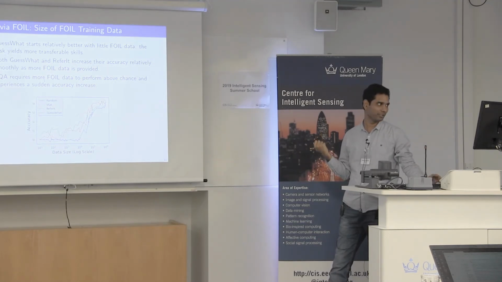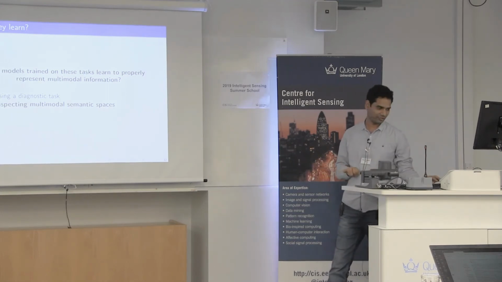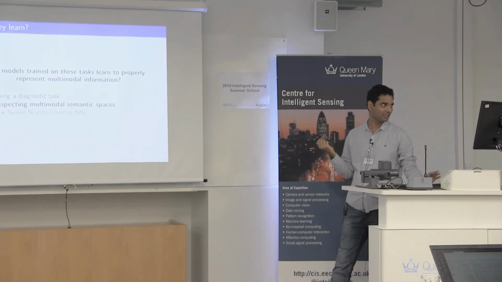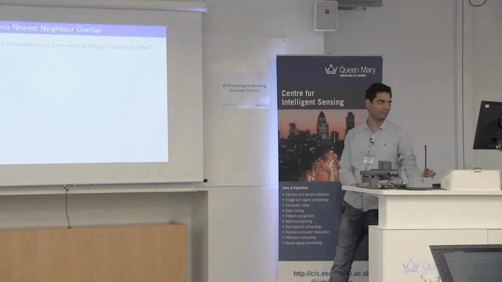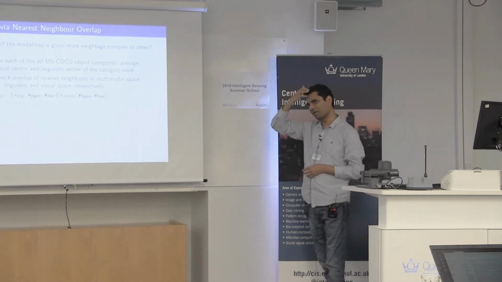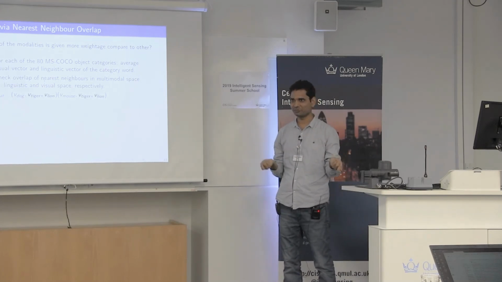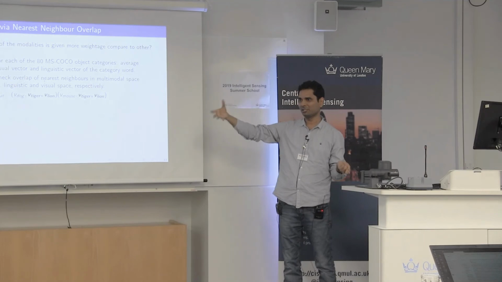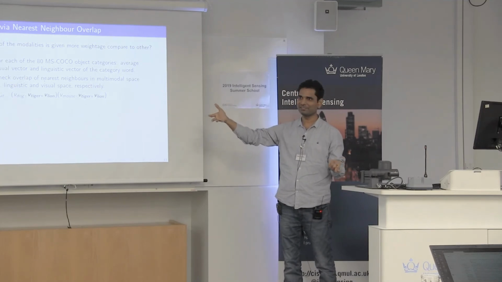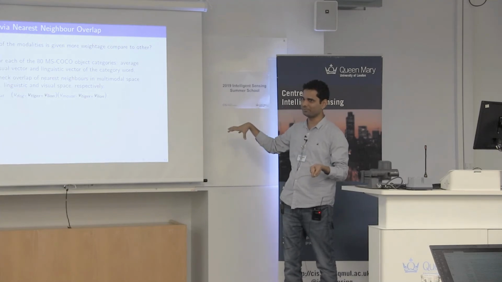Then we also looked at how this multimodal semantic space is, simply using the nearest neighbor overlap. Suppose you have a textual representation of cat, a visual representation of cat, and now a multimodal representation of the cat.